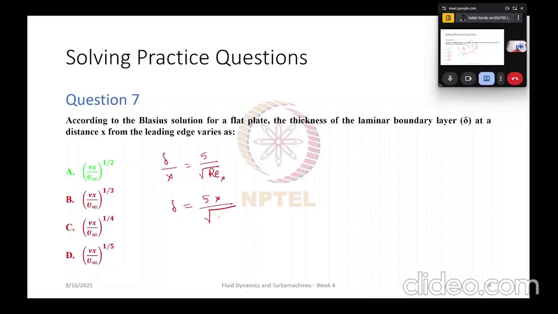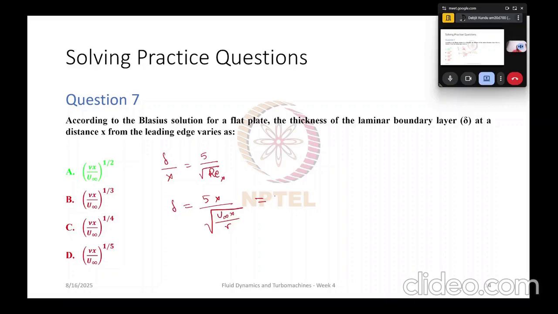It can be written as u infinity x over nu. So there's an x in the numerator and there's a root x in the denominator.